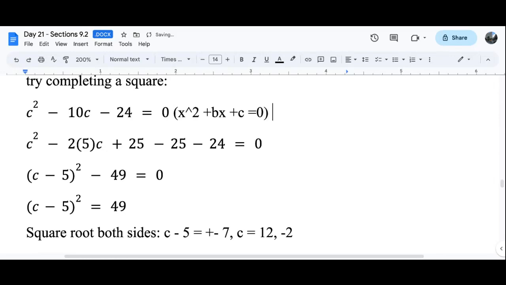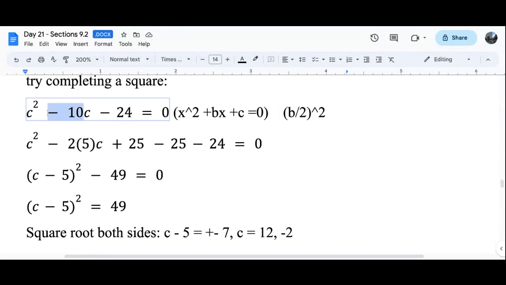We have this term, right? We said we just add and subtract (b divided by 2) squared. So what's b here? b is negative 10. Negative 10 divided by 2 is negative 5.